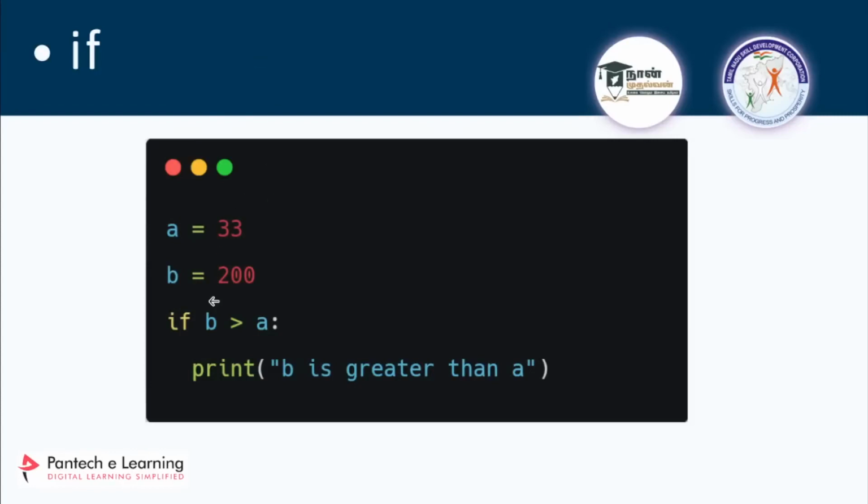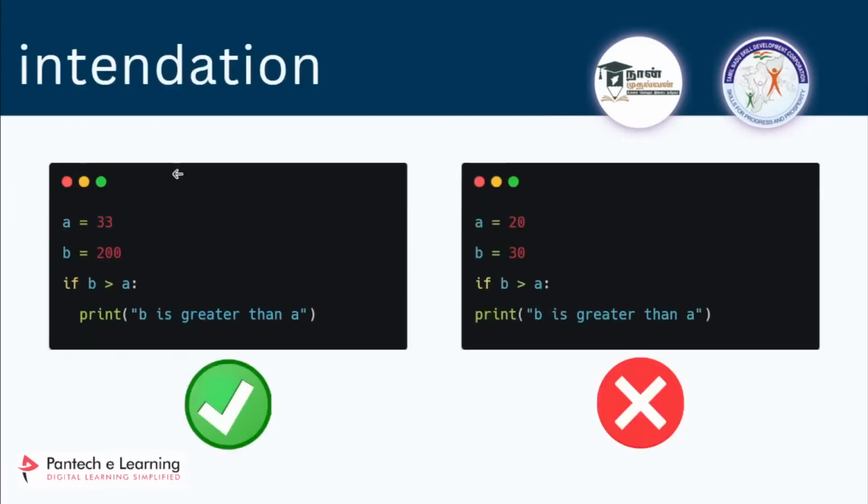See here, I am creating a conditional statement: a equal to 33, b equal to 200, and I am checking whether b is greater than a. B is 200, it is greater than 33, right? So it is going to give me true. Near to this, if you have to give a condition, if this is true, then there is certain syntax here. You have to place a colon here, and below that you have to place the indentation.